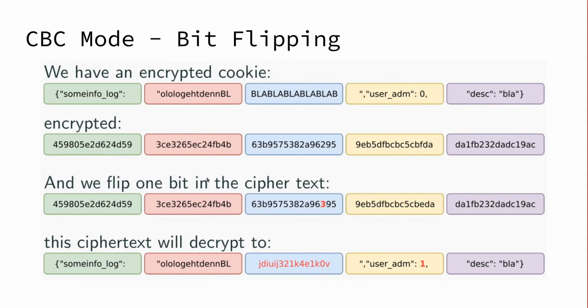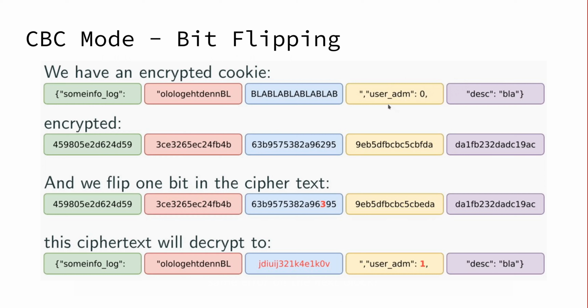So what we could do now is, well, this is the information, the server encrypts it, so we get this encryption here in hexadecimal. Then as an attacker, we know where is what, but we don't know the actual key, so we can't encrypt in the name of the server.